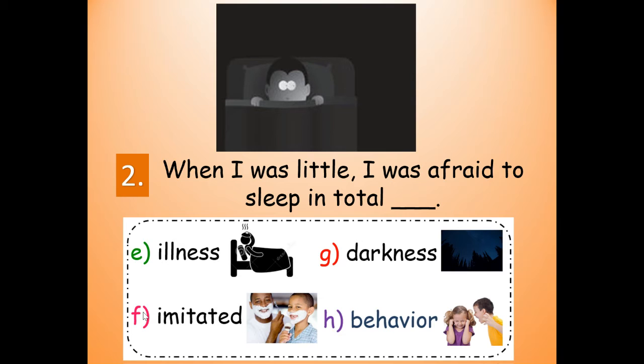What makes sense given our picture clues and the context of where the word is in the sentence? Darkness. When I was little, I was afraid to sleep in total darkness. Darkness is spelled D-A-R-K-N-E-S-S. The root word is dark.